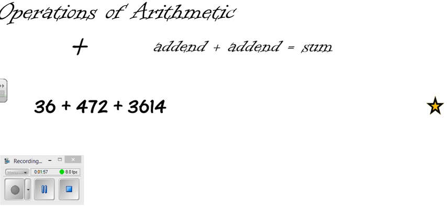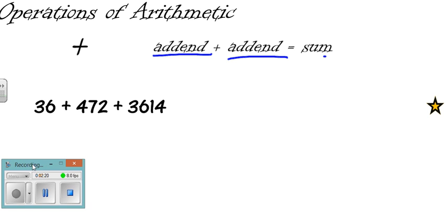Addition, we see the plus sign, and we can start to really look at some terminology that probably has come up, but maybe you're not quite familiar with every single time that you see it. So we start with the idea of addends, which make your way to a sum.